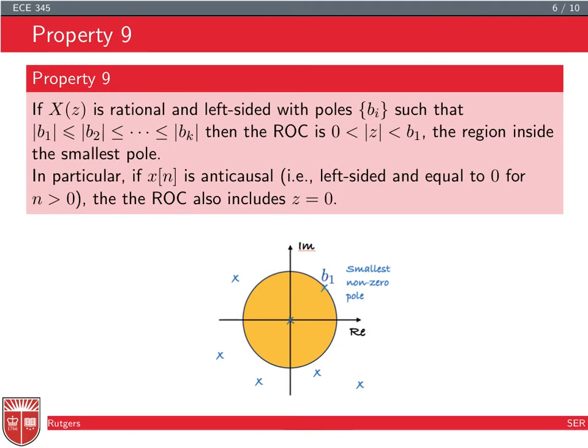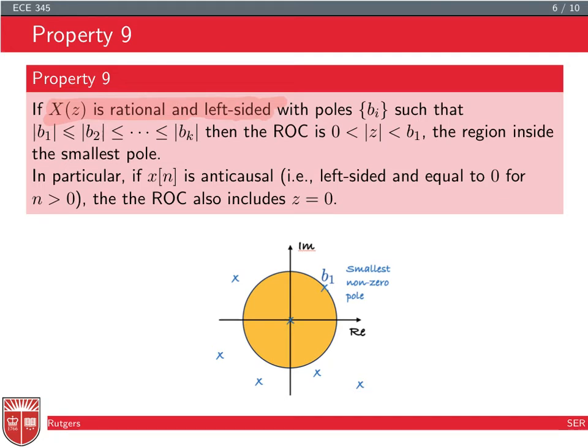Property 9 is about the other case when the signal is left-sided. So this is really important. So the signal is left-sided and X(z) is rational. Then in this case, we do the same thing. We have our z-plane and we plot all the poles, and the ROC is going to be the interior of the circle going through the pole that has the smallest non-zero magnitude.